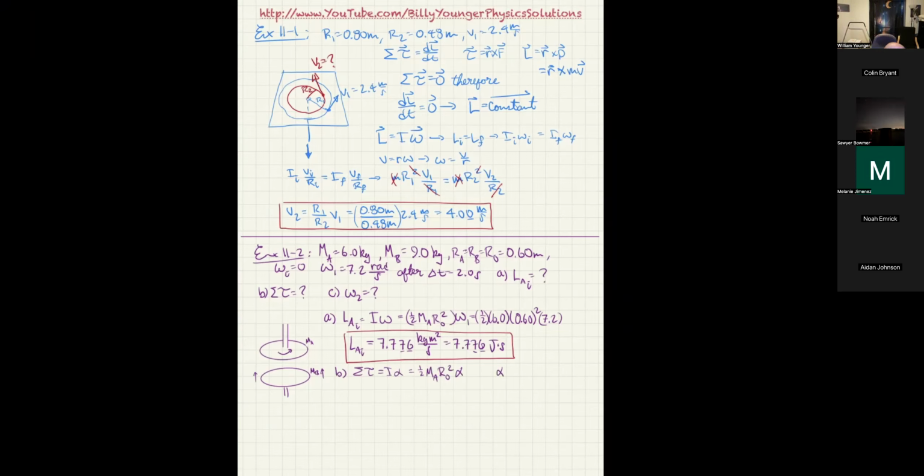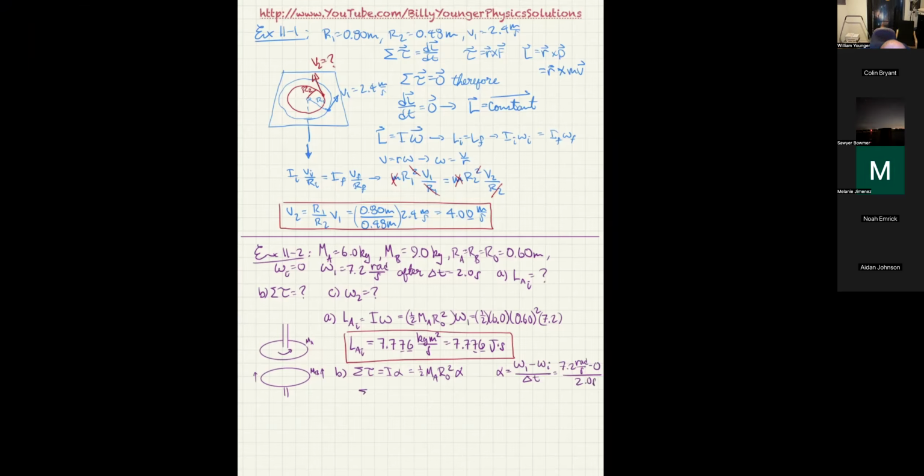So alpha is equal to omega 1 minus omega 0, or omega I is what I called it, all divided by delta t. So this is going to be 7.2 radians per second minus 0 over 2.0 seconds.